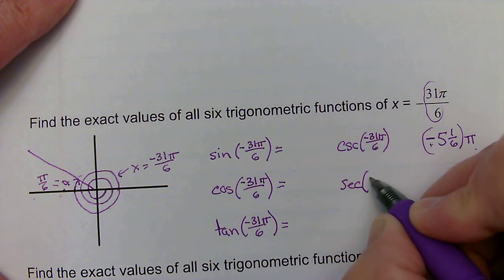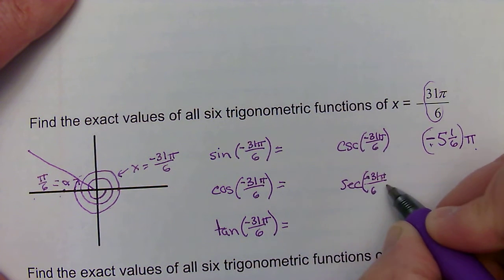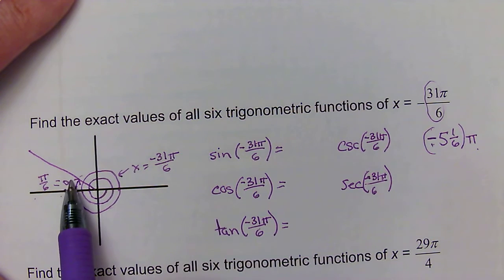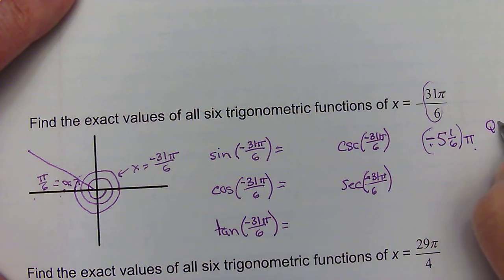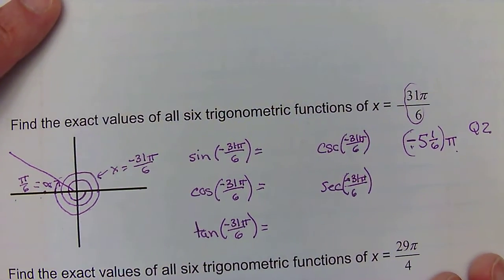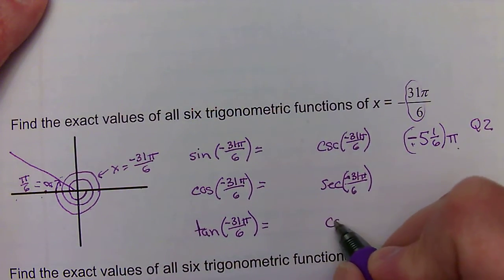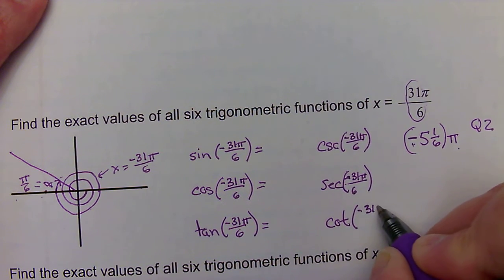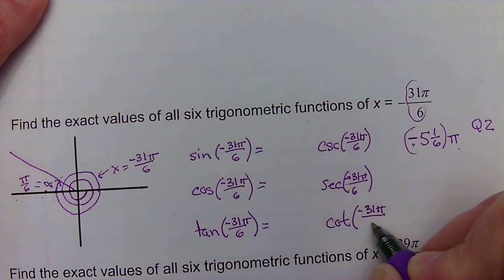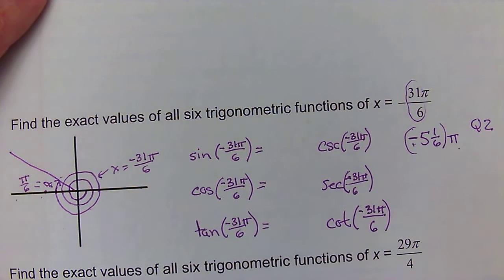Now, I have to think about the quadrant. Looking at this ray, it is in the second quadrant. Second quadrant means that the sine and the cosecant, its sine and its reciprocal, will be positive, and the values of all the other trig functions will be negative.